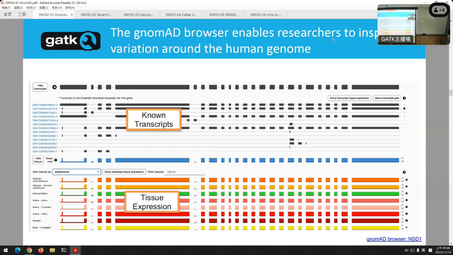So if you are a clinician investigating your patient's cause of disease, you can zero in on the tissue that's relevant for that disease and look at the per base expression. Maybe the variant that you're looking at actually falls in a region of the gene that is not really expressed in your tissue of interest, and you maybe could rule out that variant as the cause of disease.